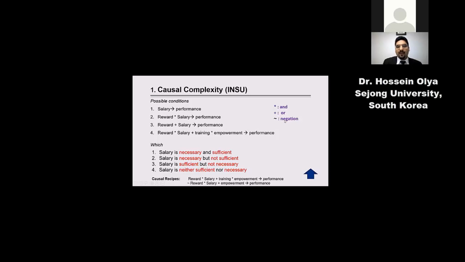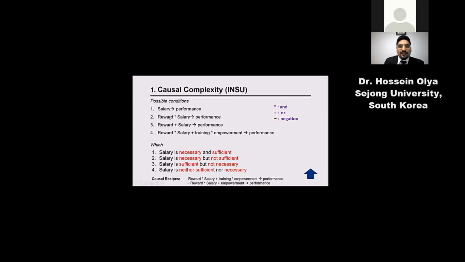I will explain these items later on, but you need to know them for interpreting these conditions. I'm going to repeat the second condition. If you want to have a high level of performance, you should have an active reward system and increase the salary.